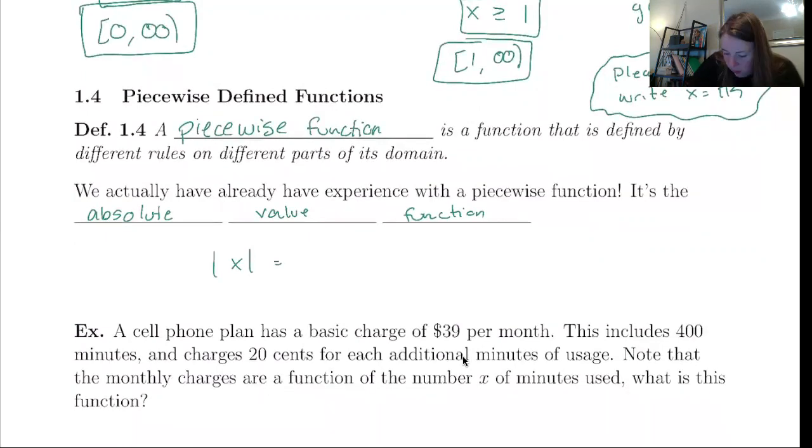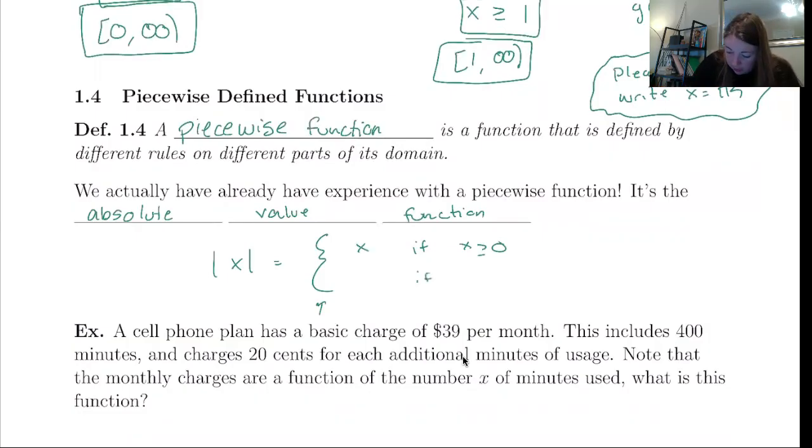And remember, we draw this really big set bracket, only one of them though, it doesn't go on the other side. If x is greater than or equal to 0, a positive number, absolute value is just going to spit out that number again, because that's already positive. Absolute value just gives me a positive number.